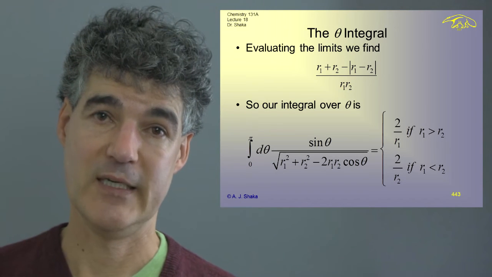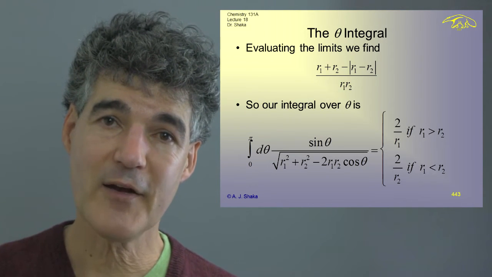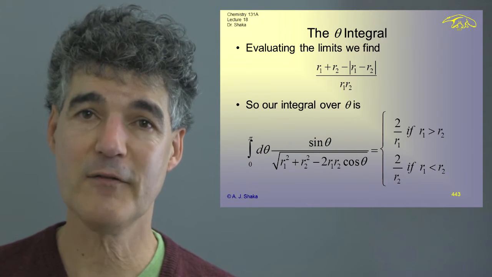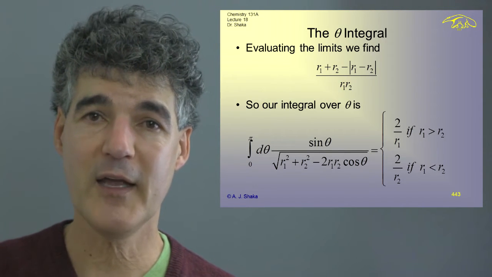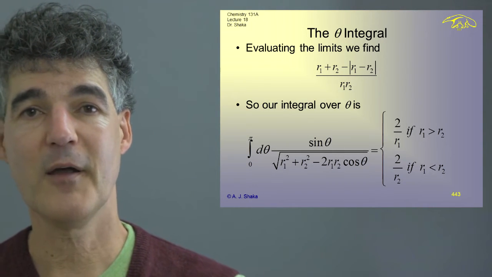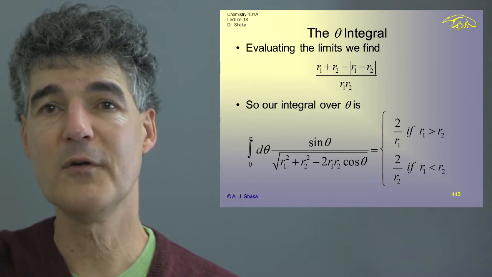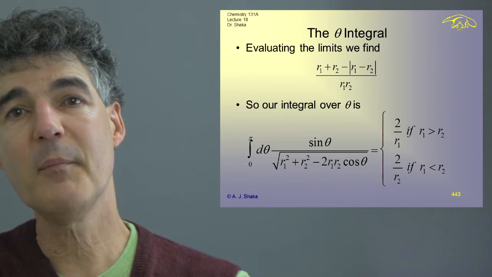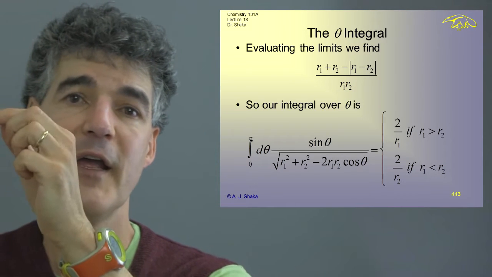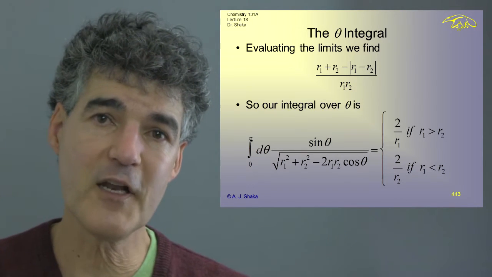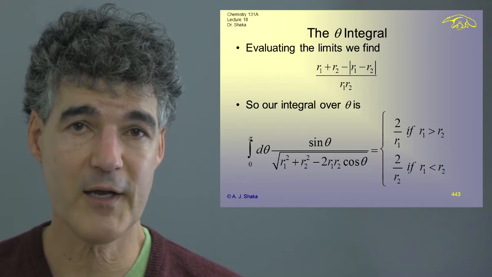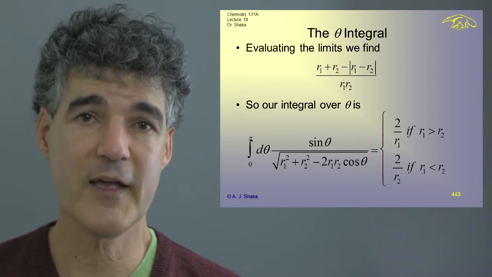And that means when I integrate over the other variable, r1, I have to be very careful that I pick the right answer. If I fix r2 and I integrate r1 up to r2, I should use one formula. And then when I integrate r1 the rest of the way to infinity, I should use the other formula. And if I'm not careful about how I do that, then I get the wrong answer.